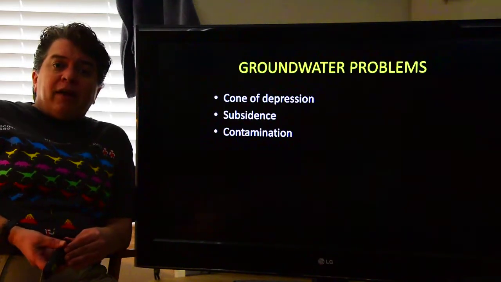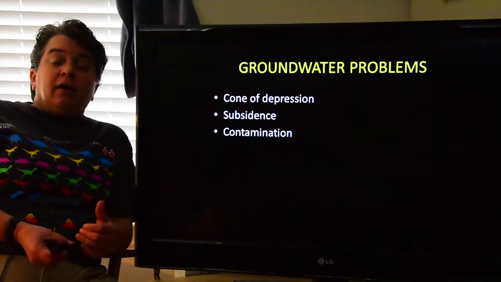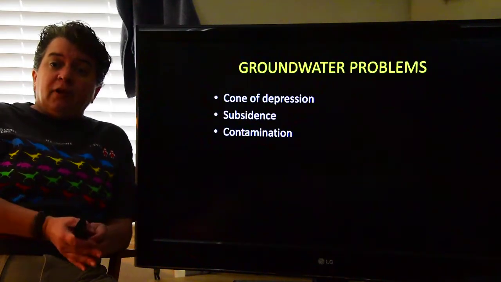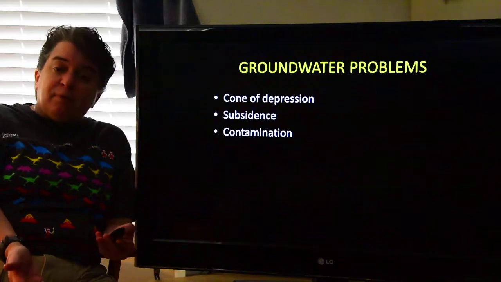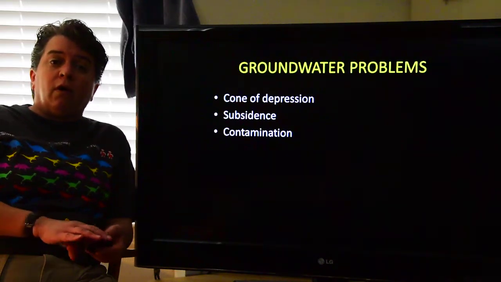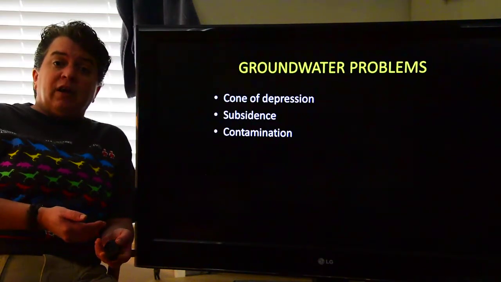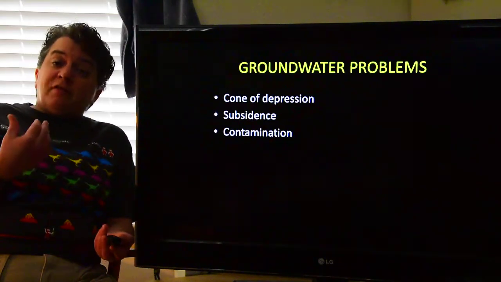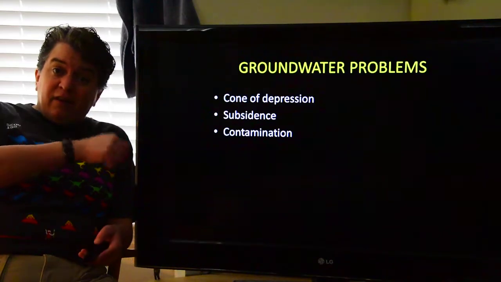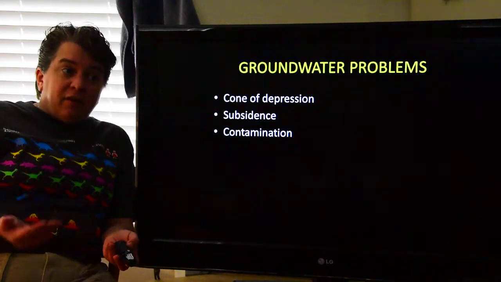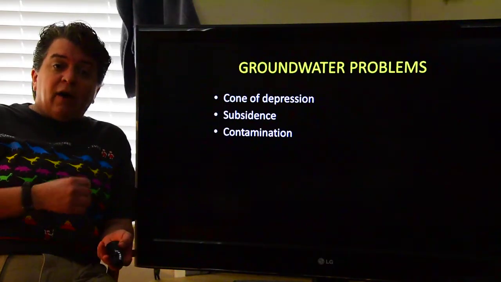Common sources are industrial complexes, which can have spills, and anything spilled on the surface, some of that can seep into the ground and join the groundwater. Landfills can sometimes create groundwater contamination. Gas stations keep gasoline in tanks underground, and if those have a leak, that's going to contaminate the surrounding groundwater.